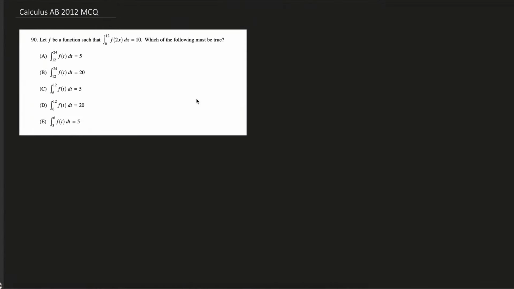So number 90 says let f be a function such that the integral from 6 to 12 of f of 2x dx is equal to 10, which of the following must be true.